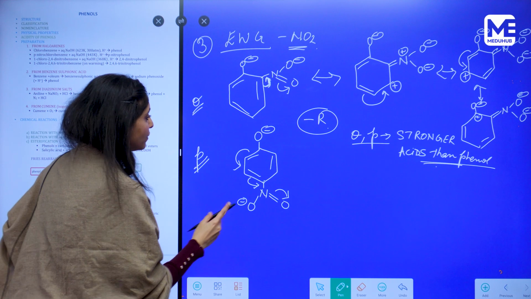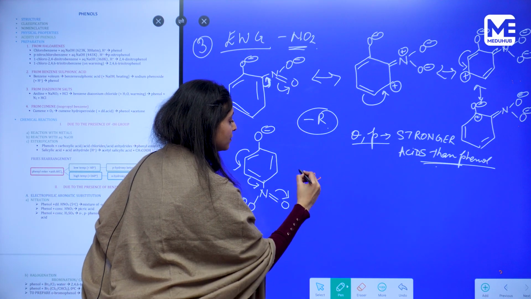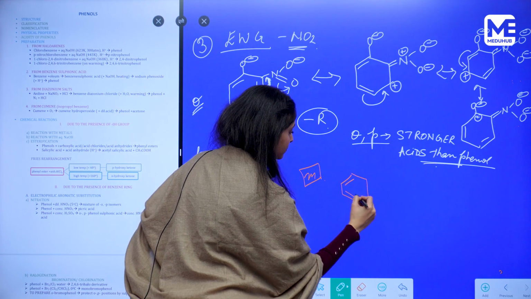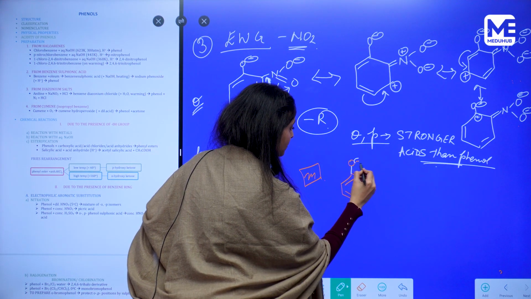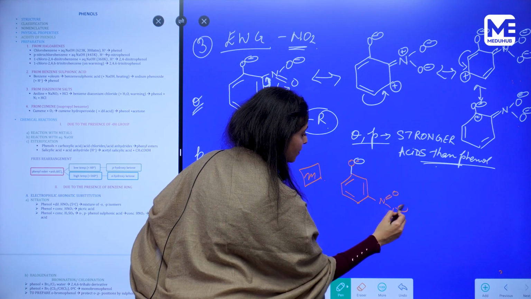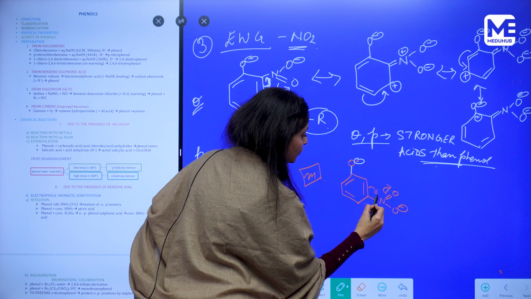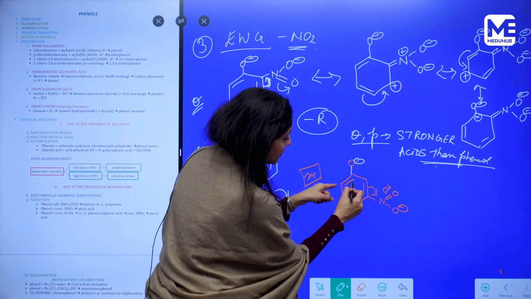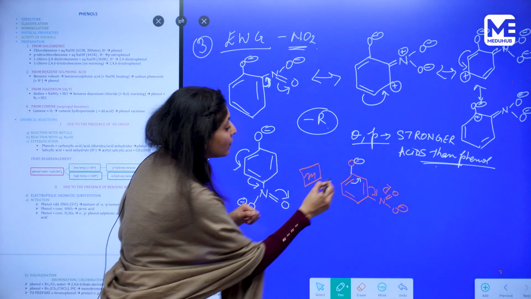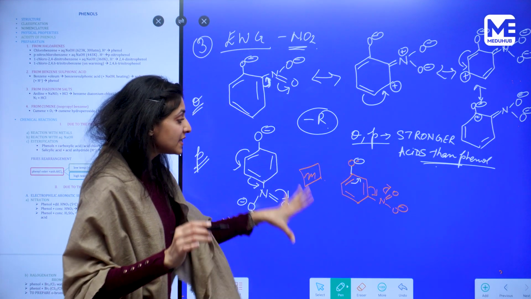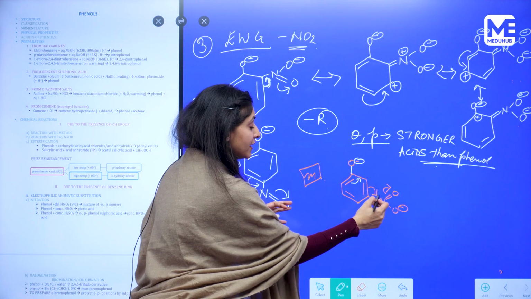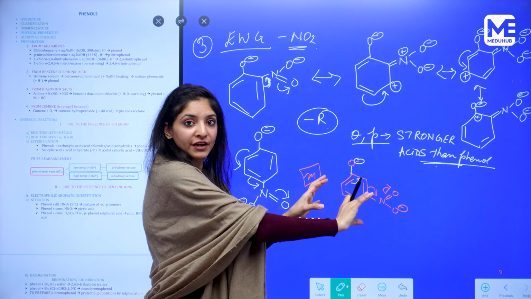If we talk about the meta isomer here, this is pulling away electrons towards itself, this moves here, and so on. So there is no direct effect on this carbon. But since it is an electron withdrawing group and it is highly electronegative, this will also pull away electrons.